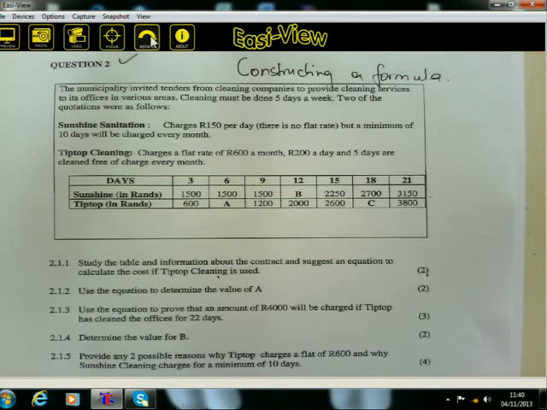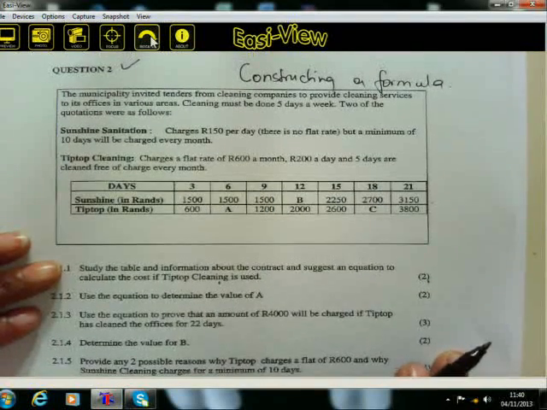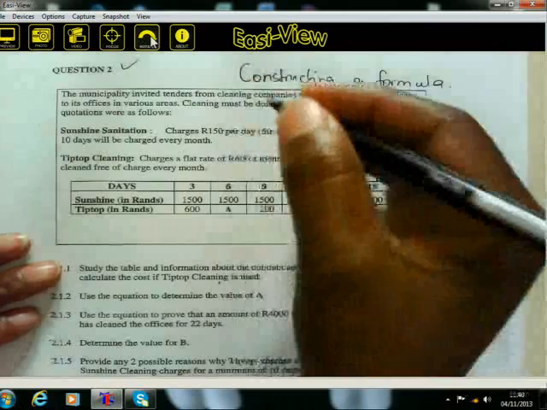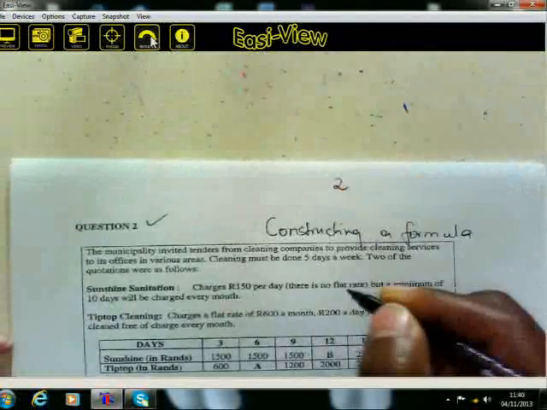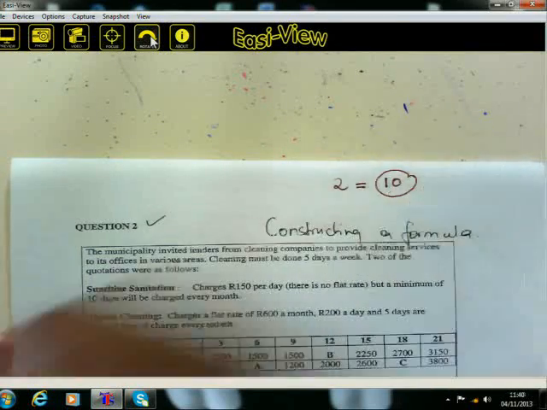They charge 150 rand per day, but a minimum of 10 days will be charged every month, which means even if per month the company says they must work for 2 days, for that 2 days they are going to be charged for 10 days.